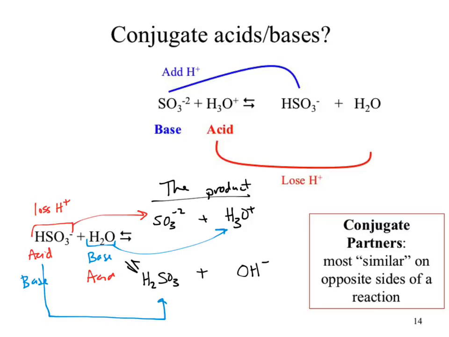Which answer is correct? The top one or the bottom one? Both are correct. HSO3 minus is a special molecule that can act as both an acid and a base, so both definitions are technically correct.